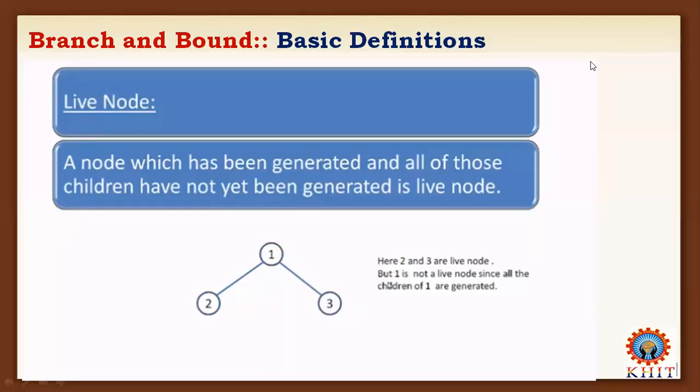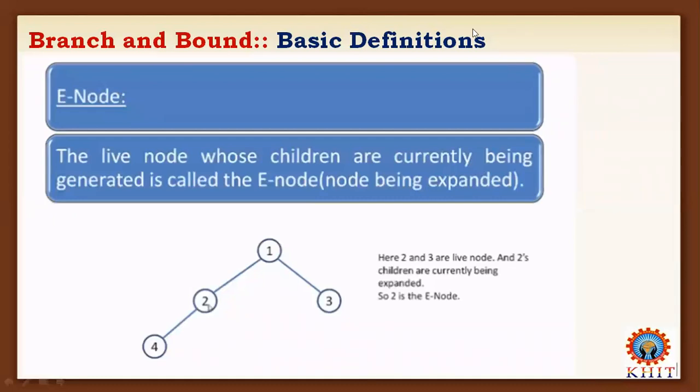So friends, we discussed how to construct live nodes. Next, we will see another definition, that is the E-node. What is meant by E-node? E-node stands for expanding node. E-node means the live node whose children are currently being generated.